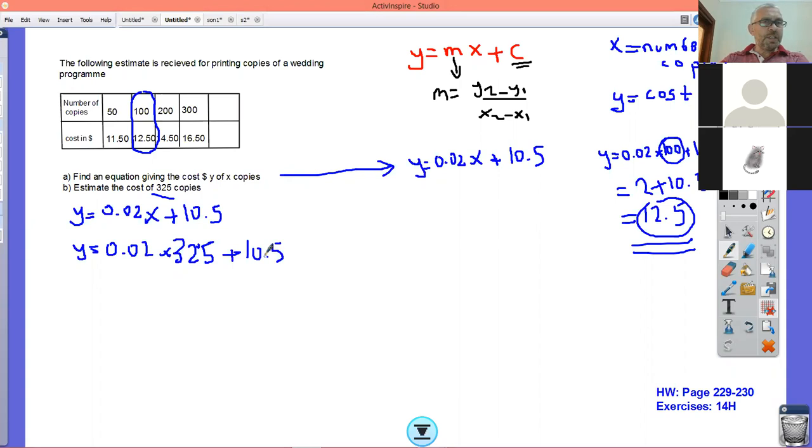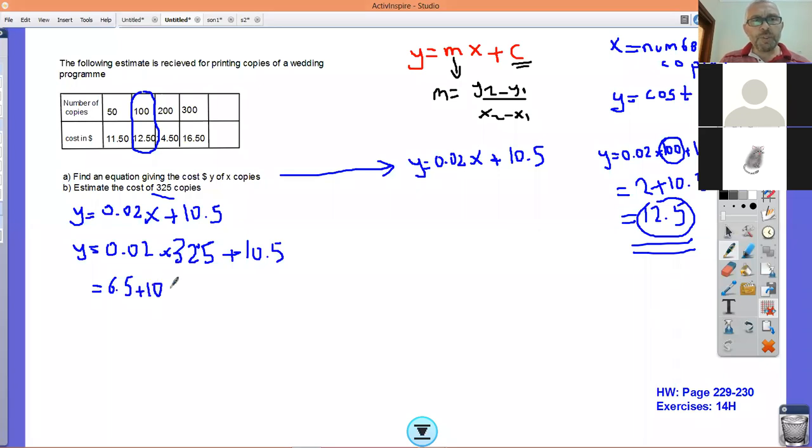Now this is our evaluation. The estimated cost for 325 copies, 0.02 multiplied by 325 will be 6.5, plus 10.5.